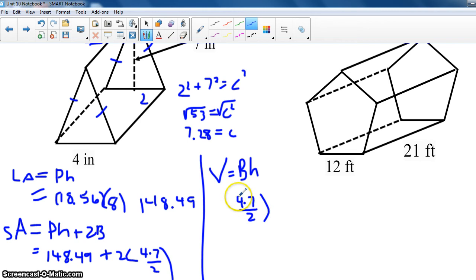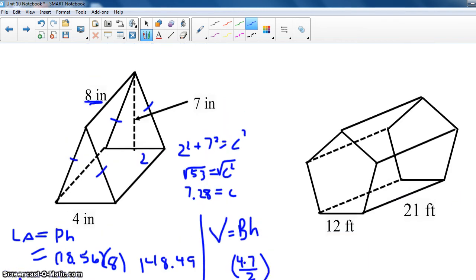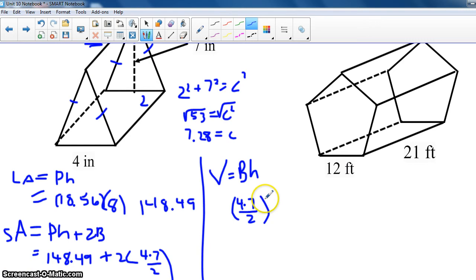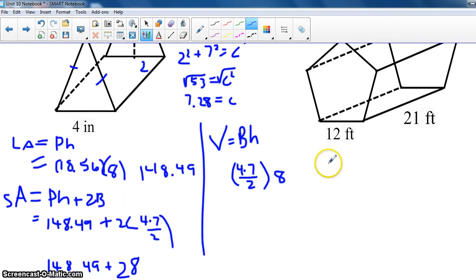All of that is times the height of our prism, which we said earlier was 8. So multiplying that out, 4 times 7 is 28. 28 divided by 2 is 14. And then 14 times 8 is 112. Okay, so that's our volume.